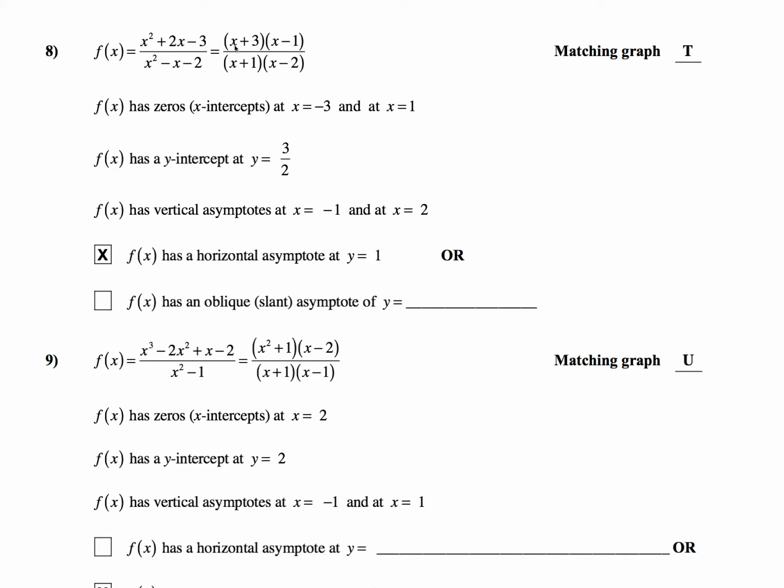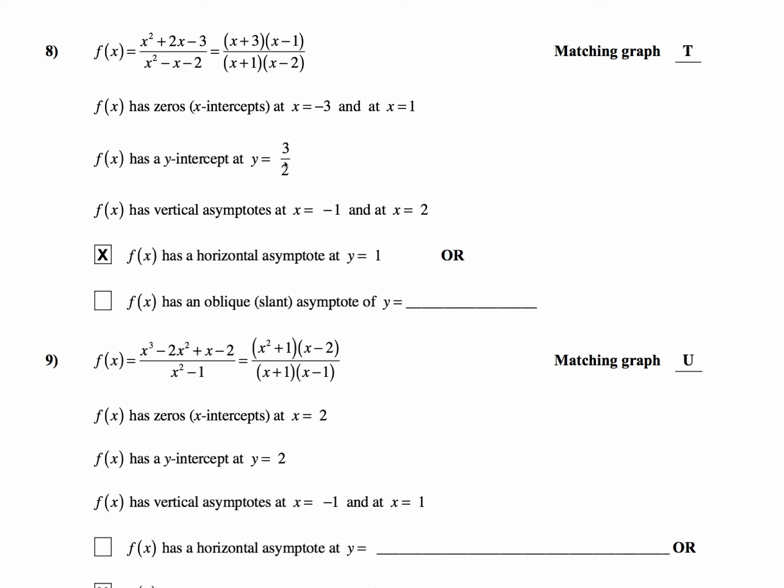If you put a negative 3 in for x here, you have negative 3 plus 3 is 0, and 0 times anything is 0. Negative 3 will not make the denominator 0, so we have an x-intercept there at negative 3, and we have one at 1 for the same reasons.